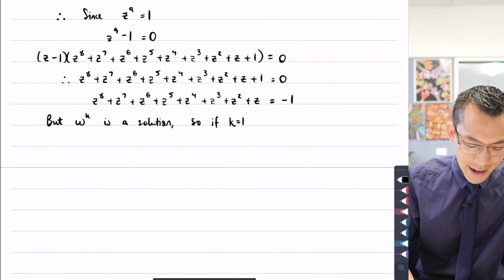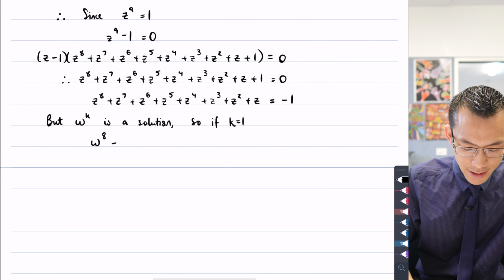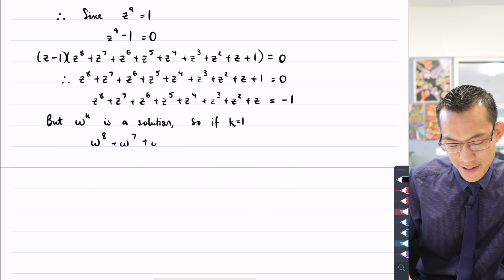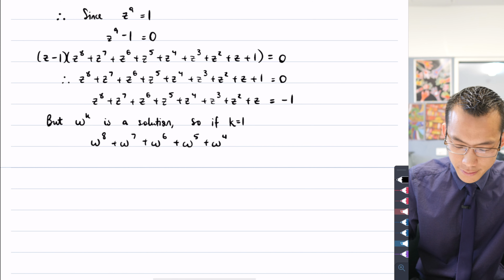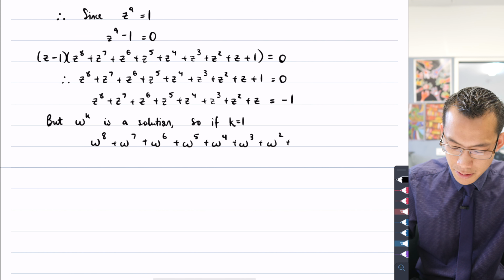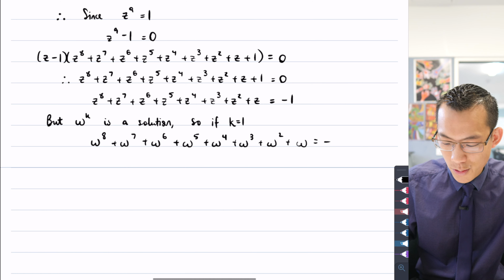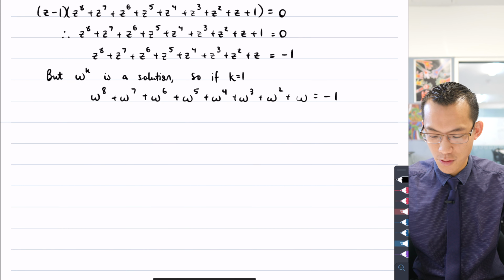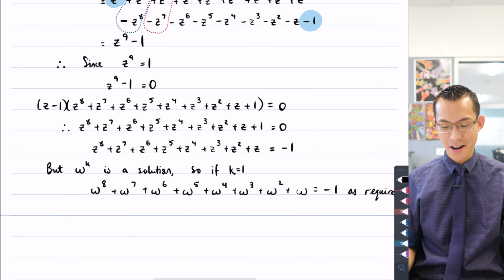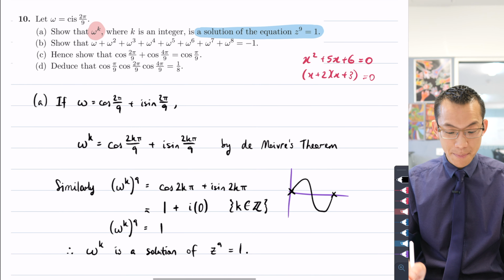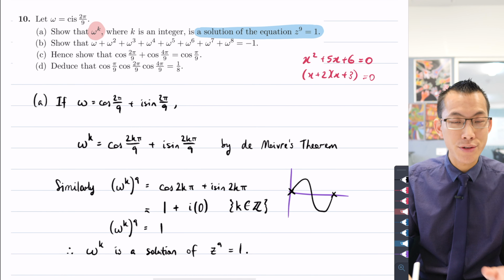So therefore I'm going to get, as required, omega to the power of 8 plus omega to the power of 7, plus omega to the power of 6. I'm going to get all of them. My omegas are bigger than my z's, so I'm all the way over here. And that should equal, as required, -1. So I can say, done. That is the result that I was asked to prove in part B. So show that this is true, finished.